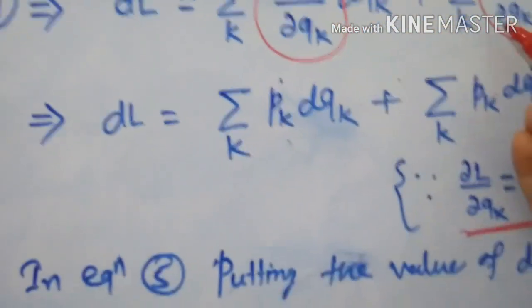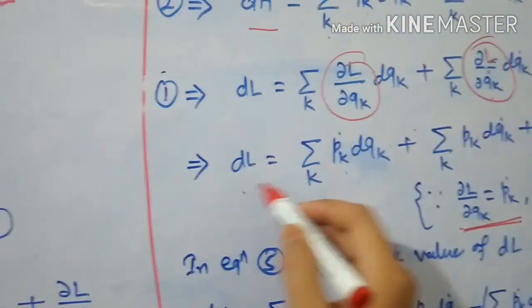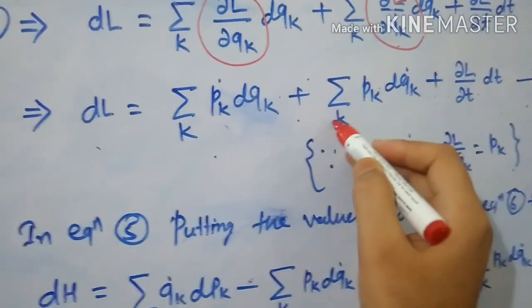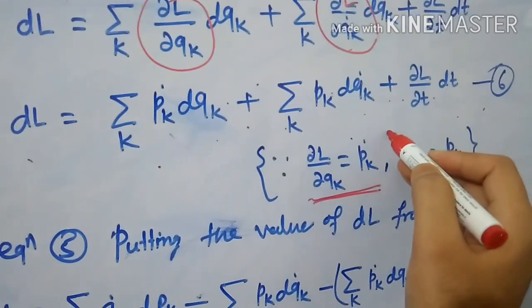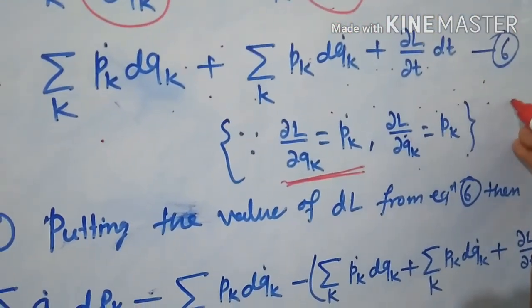So we replace these terms, then we have dL is equal to summation k pk dot dqk plus summation k pk dqk dot plus ∂L/∂t dt. This is called equation number 6.